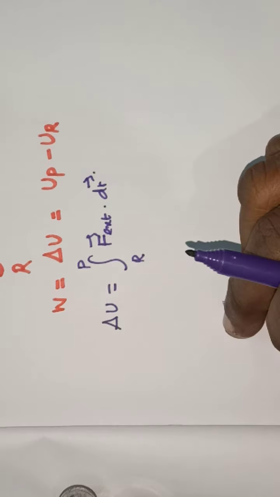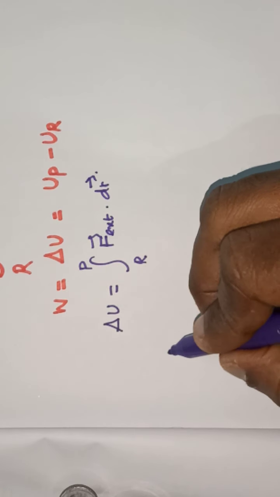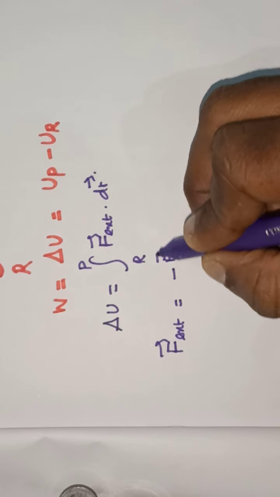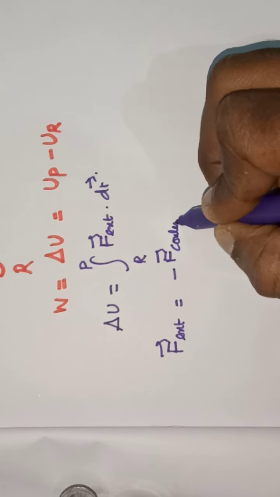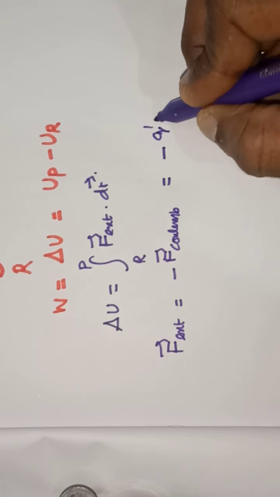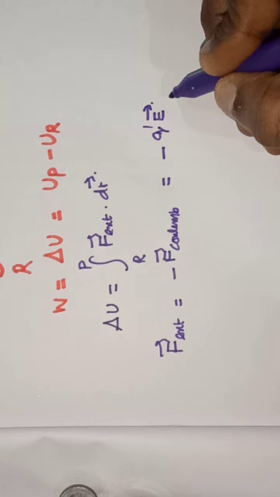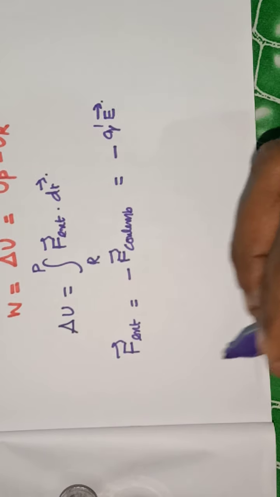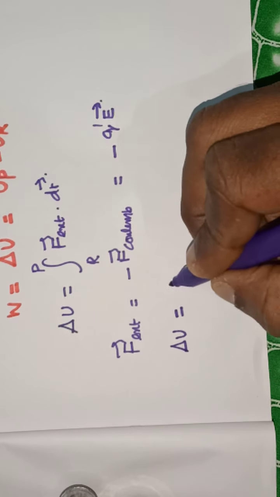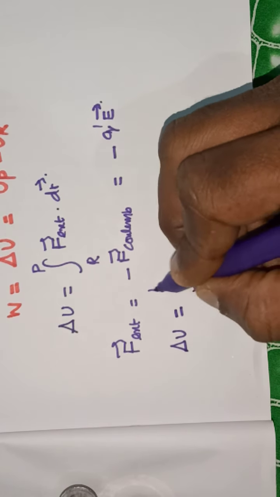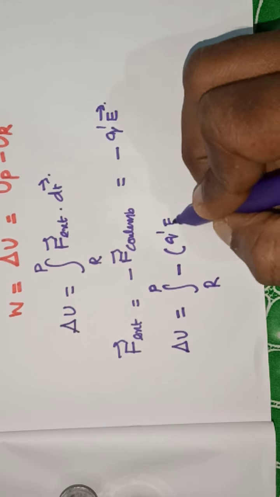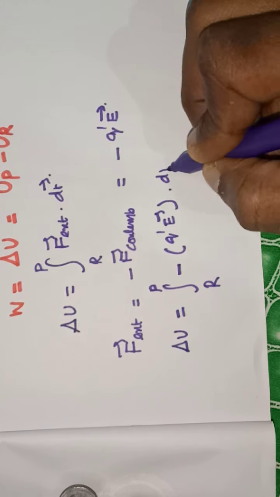We already know F external equal to minus of F Coulomb vector, that is equal to minus of q dash E vector. This is one very important relation. So I am going to substitute: delta U is equal to integral R to P of minus q dash E vector dot dr vector.